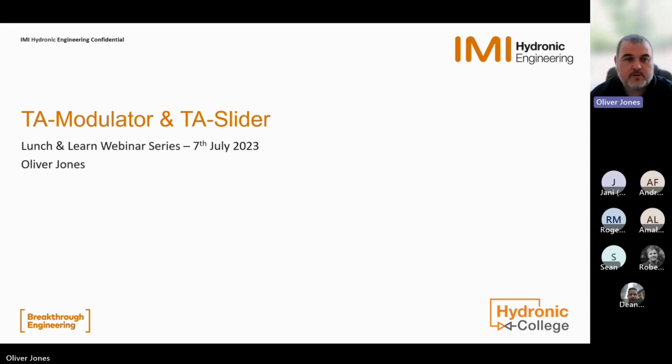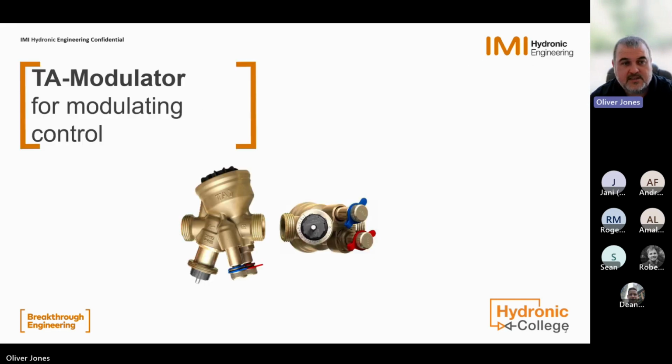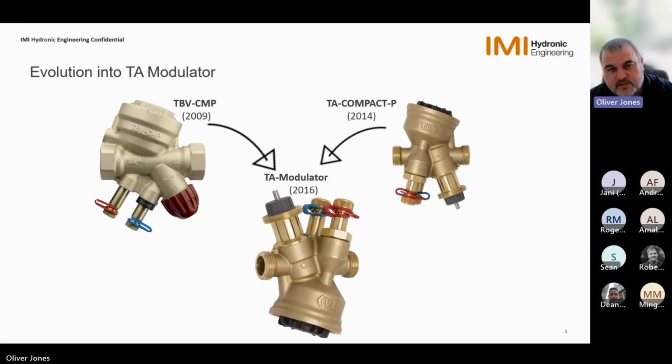So for this one, we are going to talk about our TA-Modulator for modulating control. So an evolution of the TA-Modulator. Originally, we start with the TBV-CMP. So that was our first pressure independent control valve that was introduced in 2009.